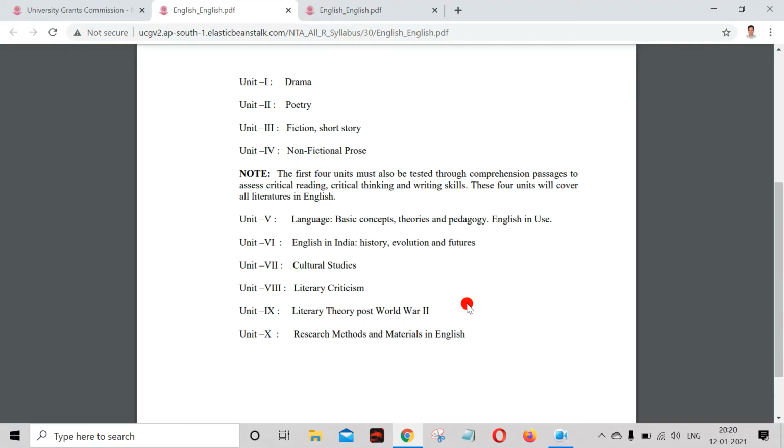Then you have unit number 6, English in India: history, evolution and futures. Now here we have particular focus on English in India, how English has been developed in India through the years, and you have to check out the history of English in India right from the arrival of the British till date. Then what is the future of English in India?